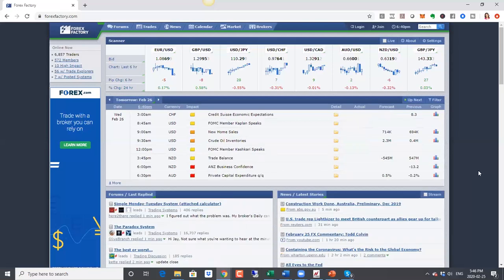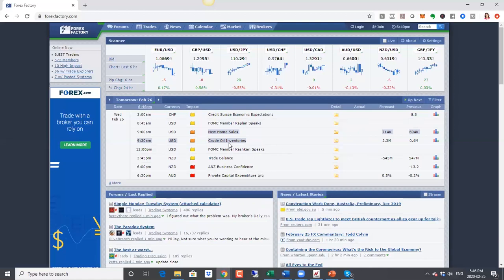All right, so coming up on Wednesday, it's fairly quiet in regards to our London session, but in the US session, we have new home sales and crude oil inventories. Oil has been taking a hit as a result of the coronavirus issue because the Chinese economy is being negatively impacted, and China is a big user of oil.